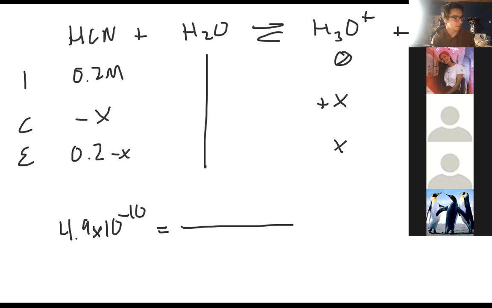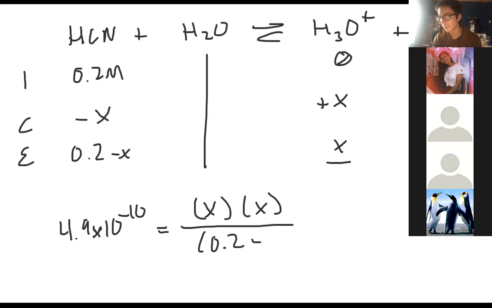So our concentrations of our products are X and X. So we do X and X, all this divided by our reactants. In this case, our concentration of reactants is 0.2 minus X.